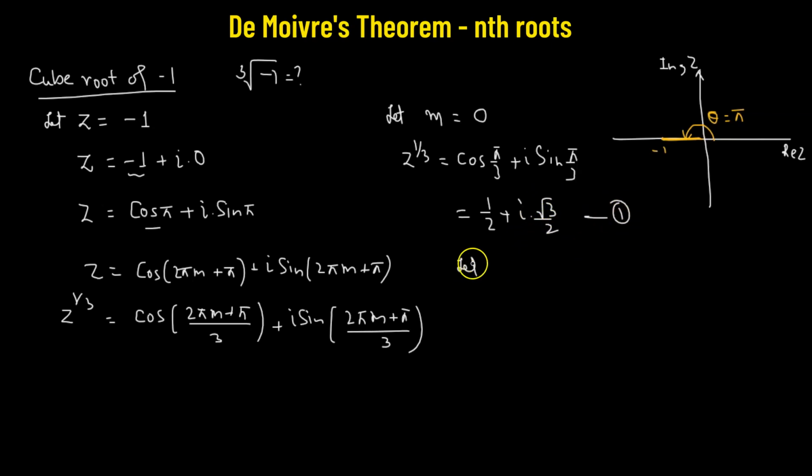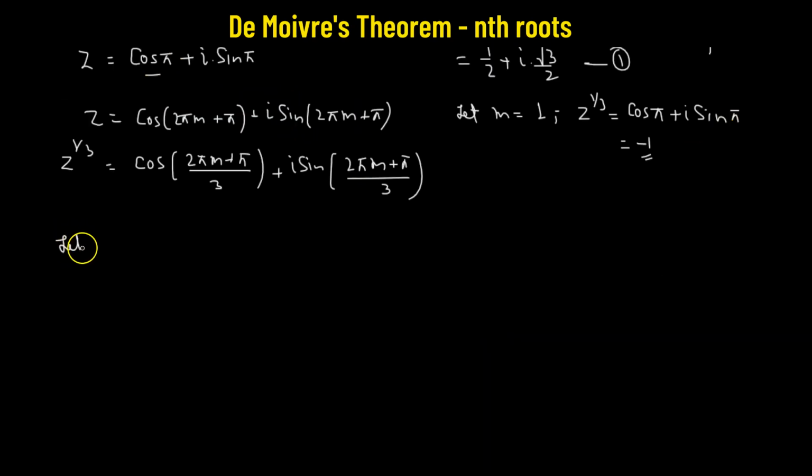Then we consider the next value of m, which is 1. This gives us z raised to the power 1/3 equals cosine of (2 pi plus pi) over 3, that is 3 pi over 3, so we simply have cosine of pi plus iota times sine of pi. Cosine of pi is -1, and sine pi is 0. So -1 is going to be the second root of the cube root of -1.